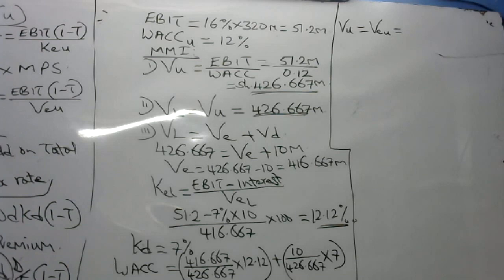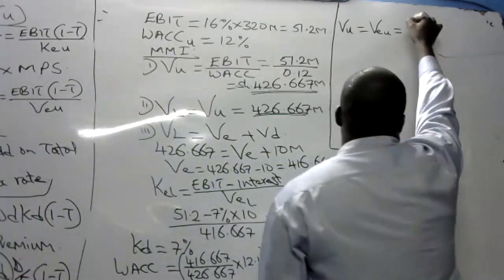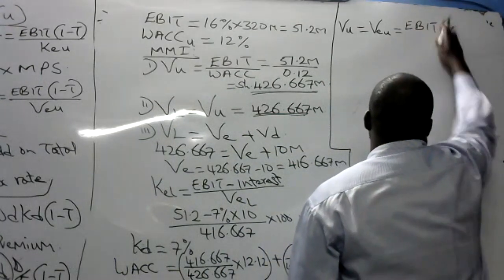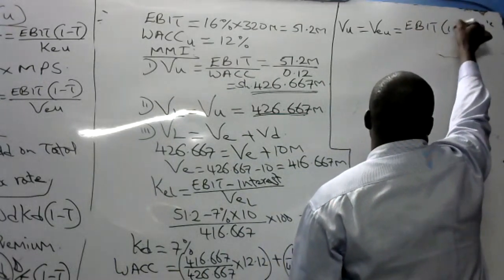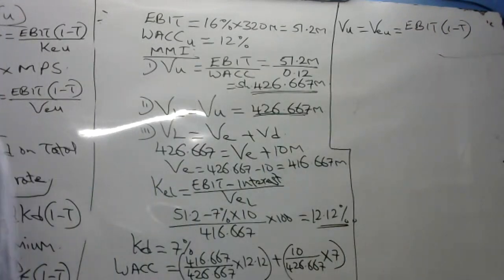So I have already crammed. Which equals to EBIT times one minus tax, minus interest really. Unlevered has no debt. But don't be afraid of making mistakes. In the attempt to avoid mistakes, let's make this mistake in class, so that in the exam room we don't make the same mistake.